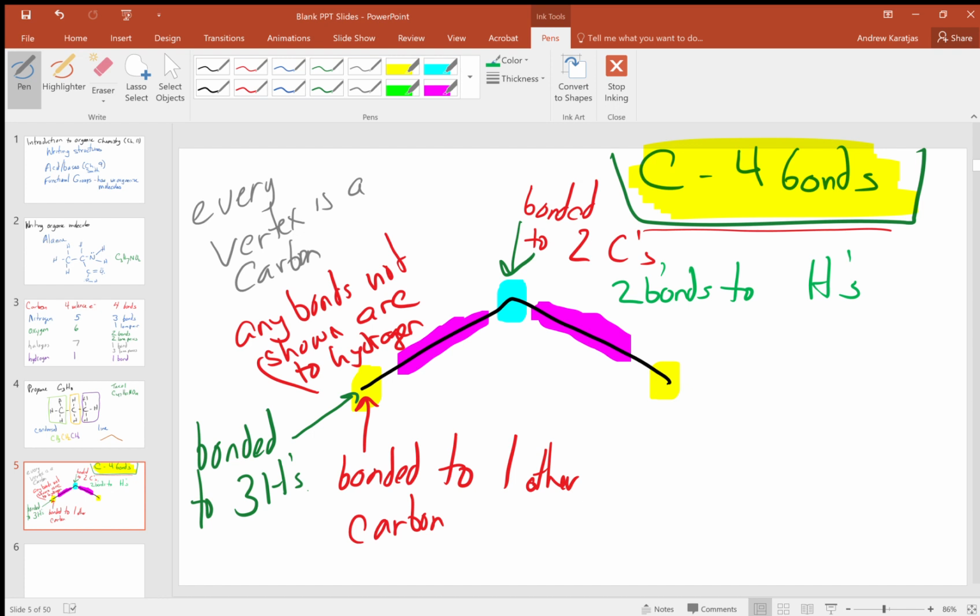So that's what we see with the carbons and hydrogens now. In fact, we don't even have to draw them in. We just know that they're there based on the drawing.